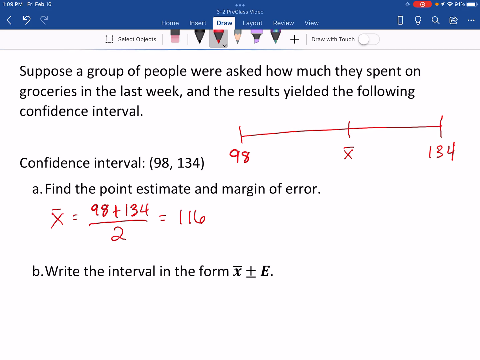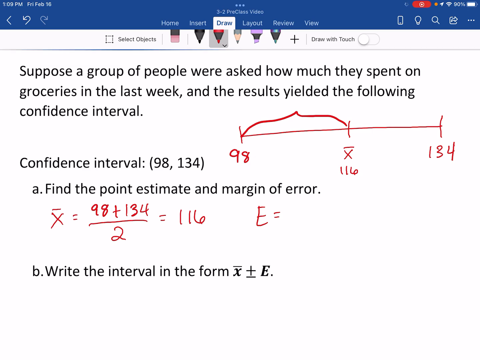Okay. And then to get the margin of error, there's a couple ways I could do this. I could take that 116 minus my lower limit and figure out how far away they are. Can we go ahead and write 116 there now that we know what it is? Yep. So we could just subtract those 2.